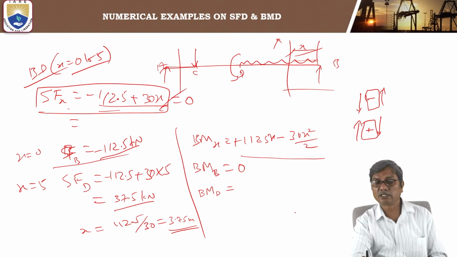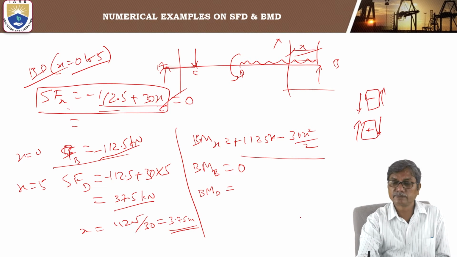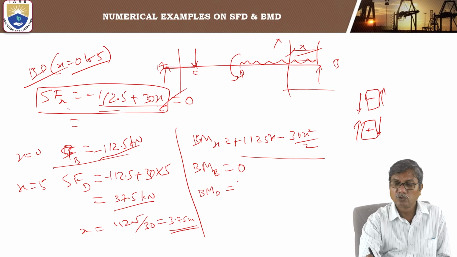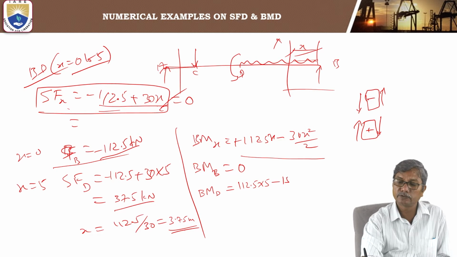So bending moment at D is 112.5 into 5 minus 15 into 5 square.